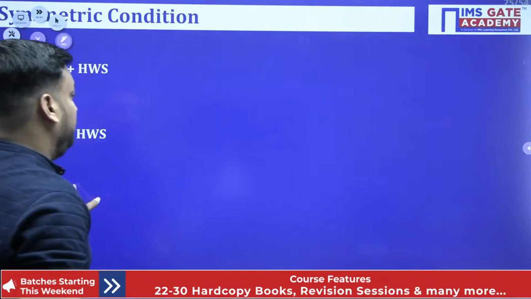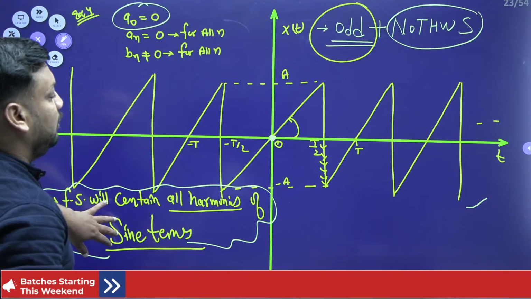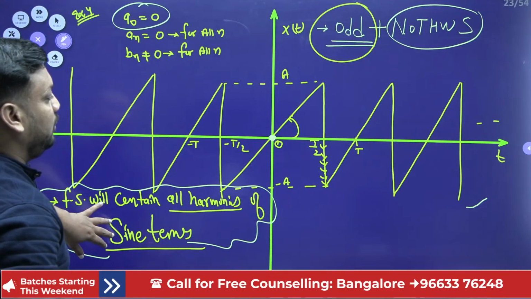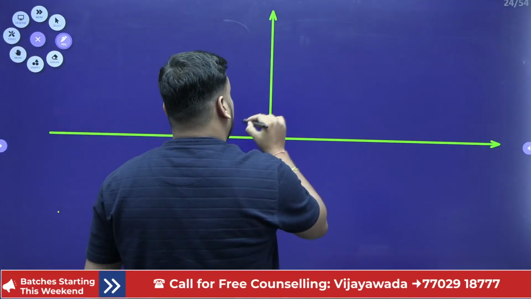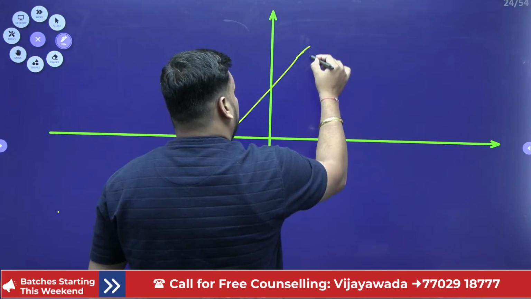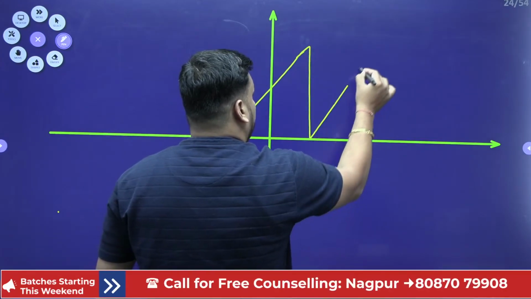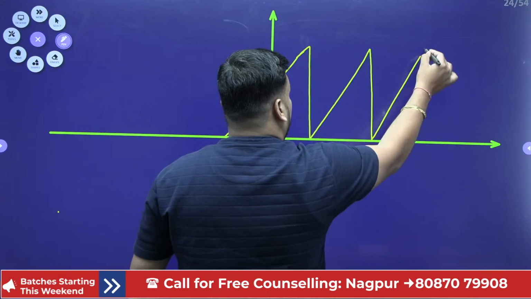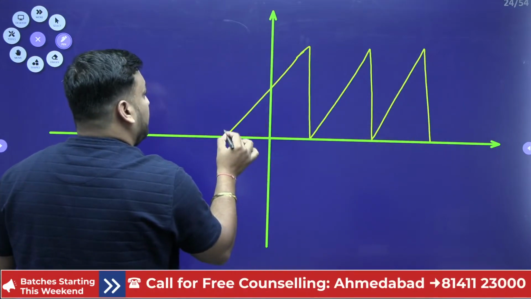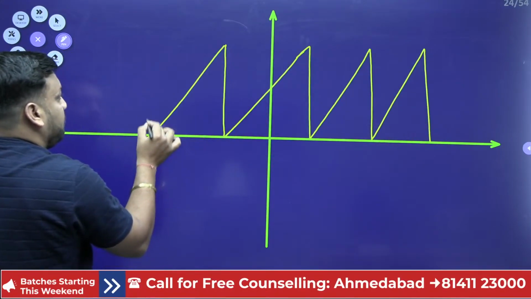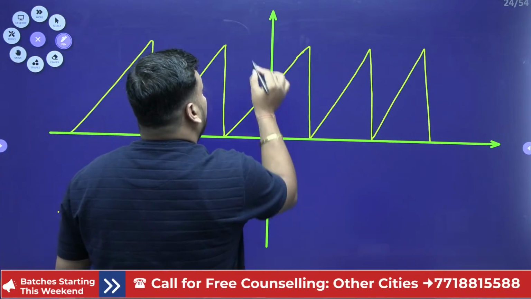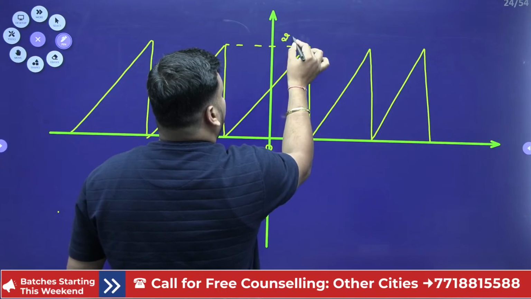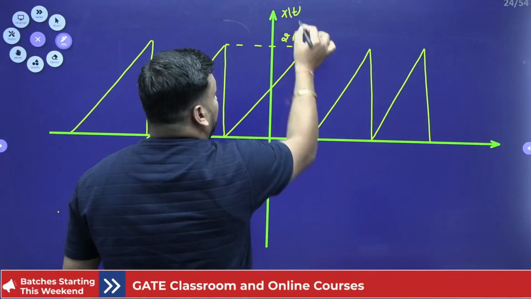I am just making the last diagram itself. Now this is my diagram, guys. This is 0, and this is my 2a this time, and this is my x of t signal, and this is my t axis.